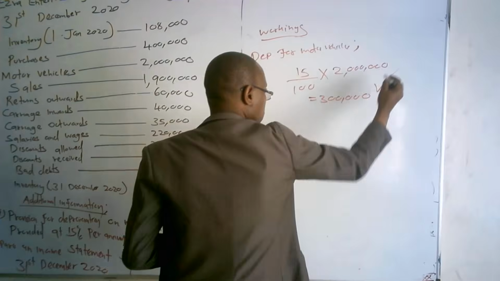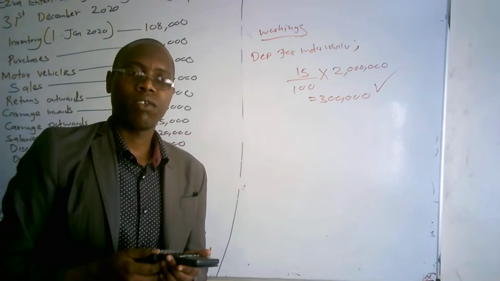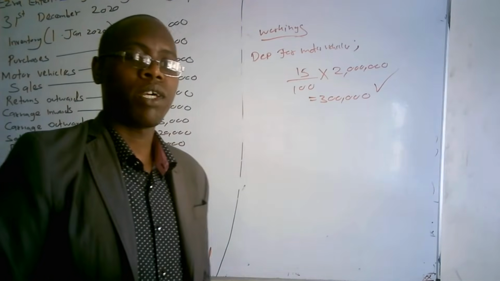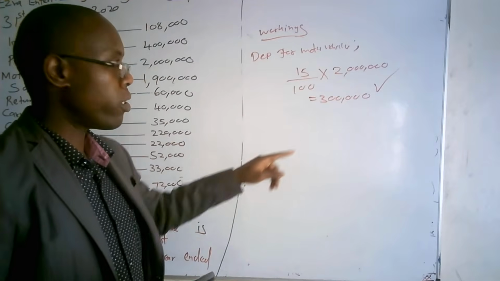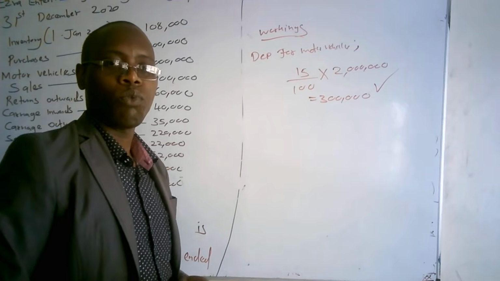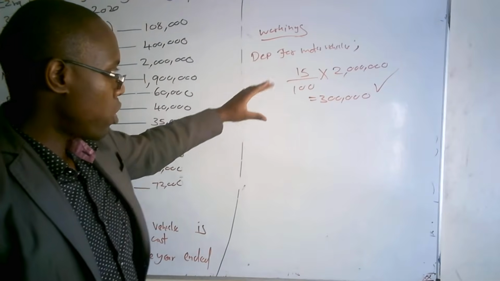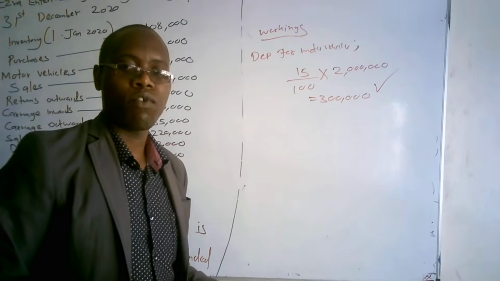So that working, when you are doing your exam, you ensure that you don't do it maybe at the back of that booklet. You do it at the beginning, before you start the income statement, because in accounting we mark those particular workings. We must mark them. So the 300,000 is a depreciation, and after doing that, you have your mark there.